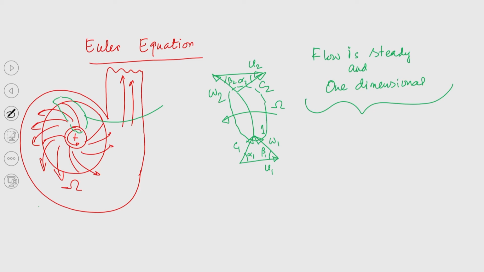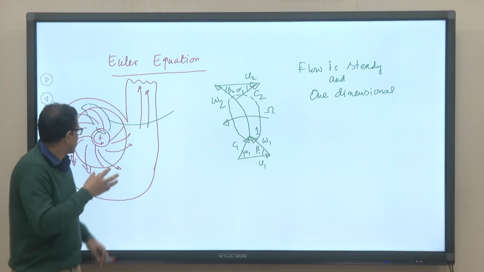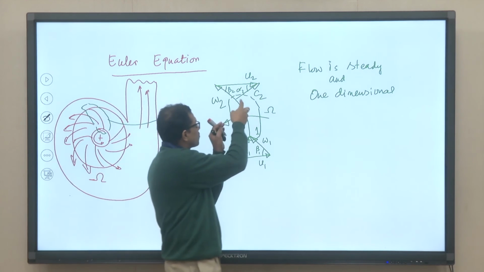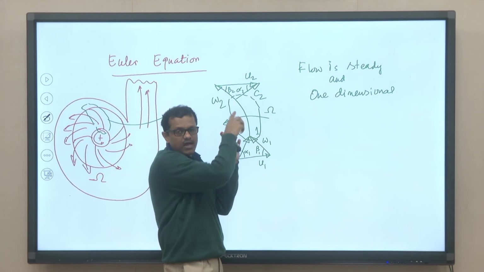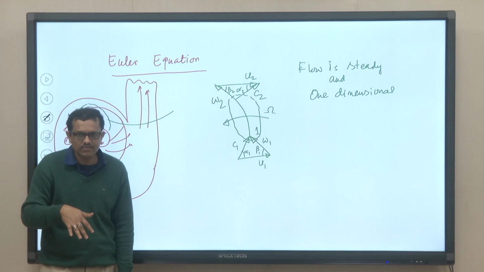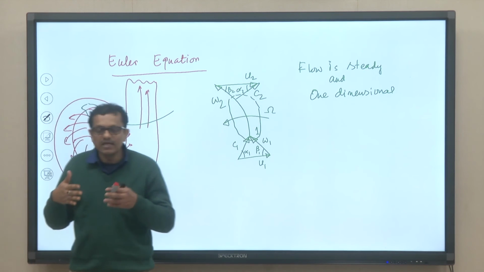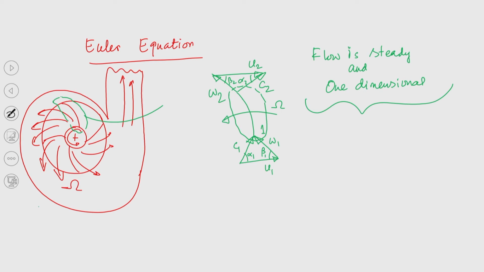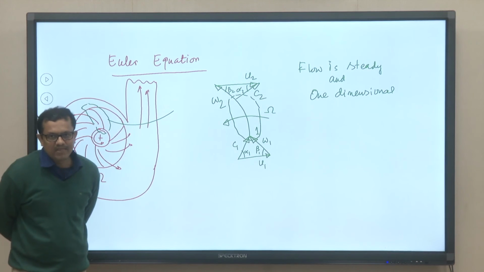For one-dimensional and steady flow, the sum of the moments of the external forces acting on the fluid temporarily occupying the control volume, at that instant, will be equal to the net time rate of efflux of the angular momentum. So, this is the concept.